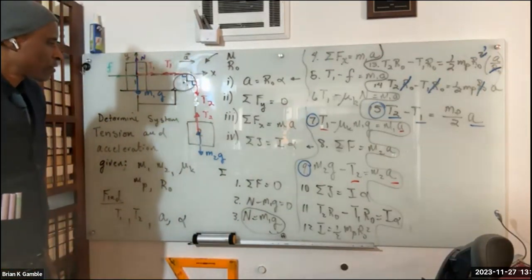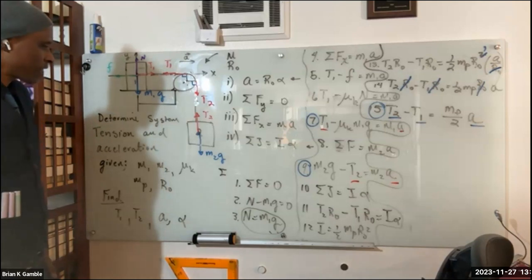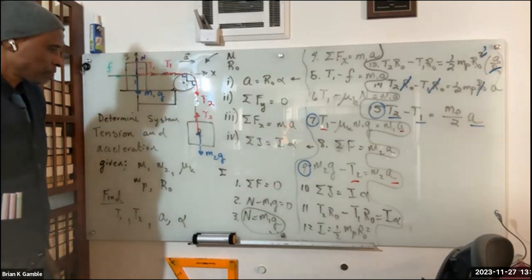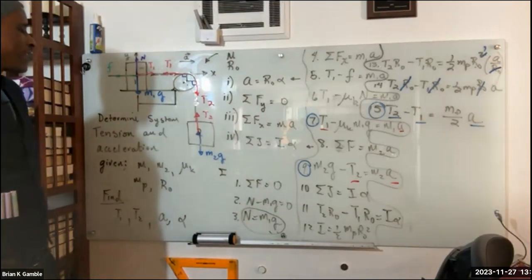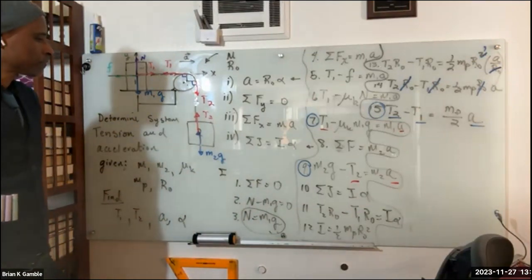So go ahead and work through that. But let me just think. I think this sign is right. Technically, the torque is into the board, but into the board is the negative z direction.